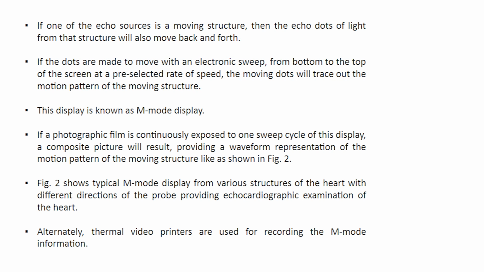If a photographic film is continuously exposed to one sweep cycle of this display, a composite picture will result, providing a waveform representation of the motion pattern of the moving structure, as shown in figure 2. Figure 2 shows various M mode displays from various structures of the heart with different directions of the probe, providing echocardiographic examination of the heart.